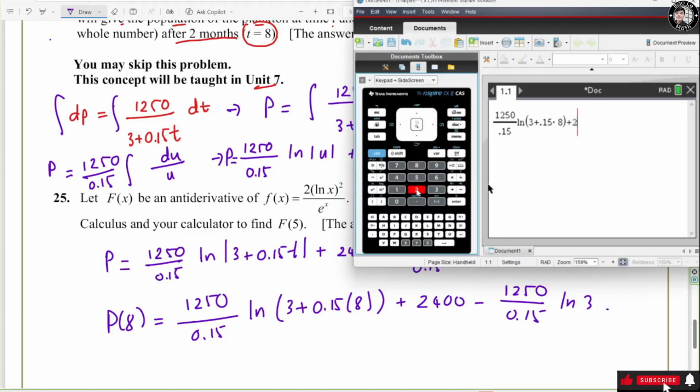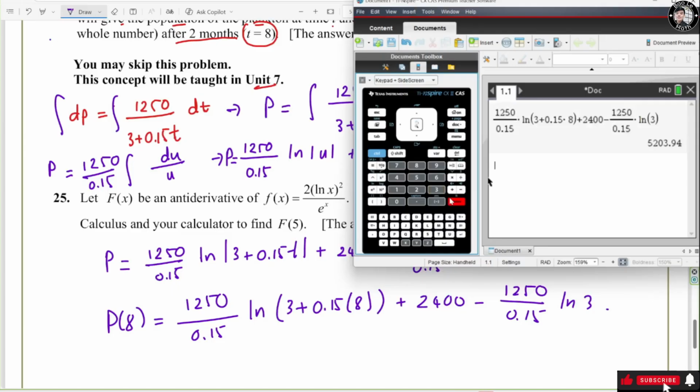plus 2400 minus fraction 1250 divided by 0.15 times Control and the natural log button right here, 3, and then press enter.